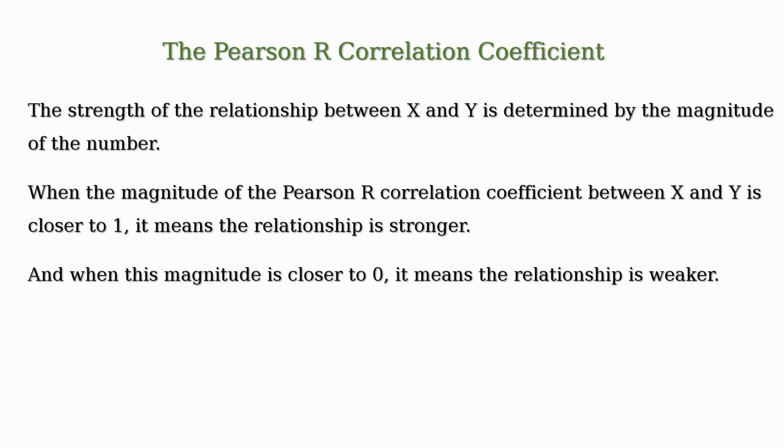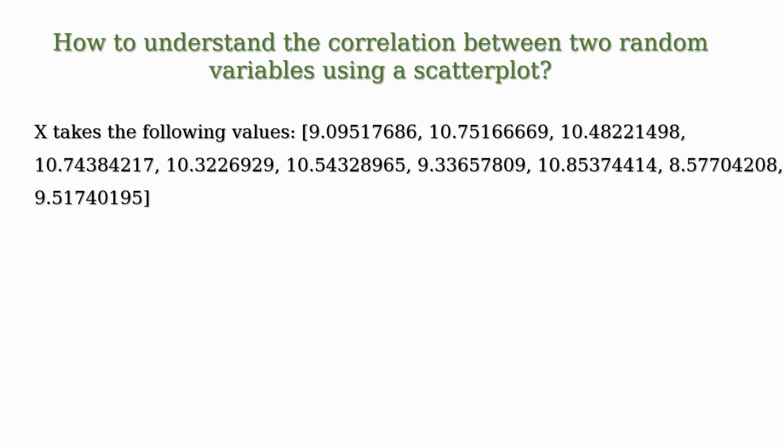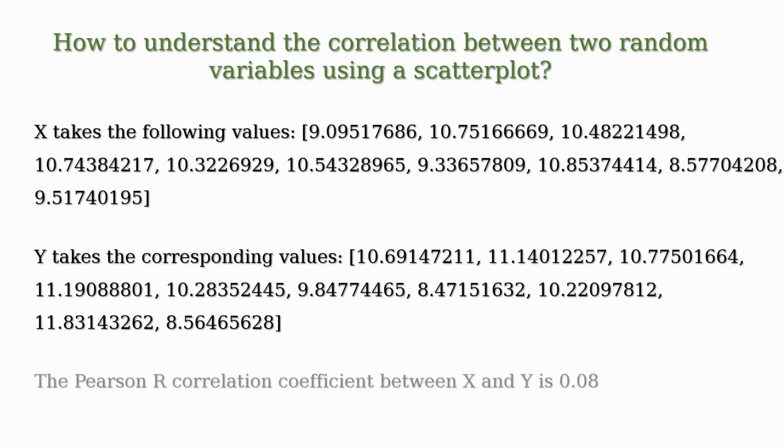Now, let's look at an example where x and y are weakly correlated. Let's say x takes the following values and y takes the following values. Now, if we calculate the Pearson-R correlation coefficient between x and y, we get the value 0.08.